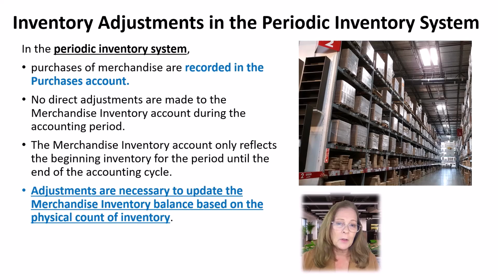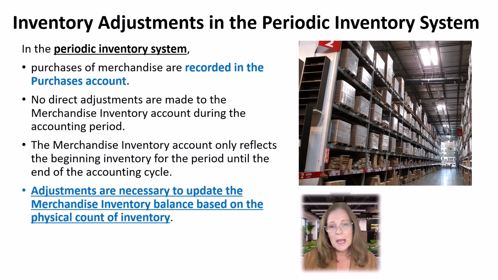It's expensive, though, because you need all kinds of systems in place to track your purchases and your sales. That's why most small companies use the periodic inventory system, meaning you record all purchases to the purchases account and periodically count your inventory.